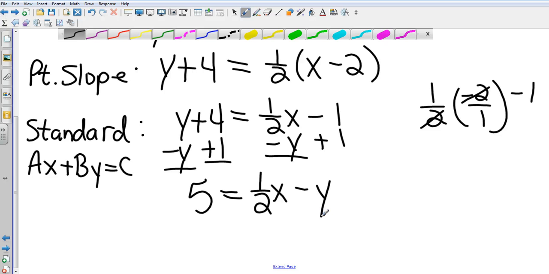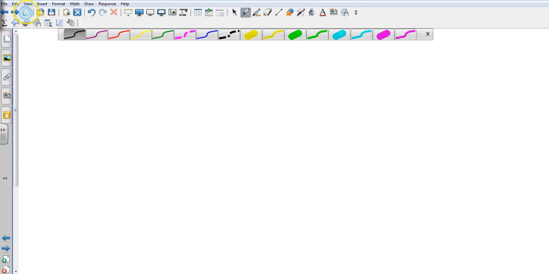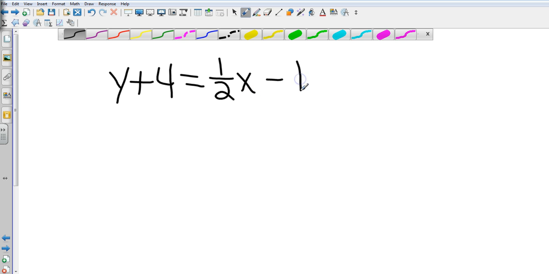Okay. So now what if I have that y plus 4 equals 1/2 x minus 1, and they ask me to put it in slope intercept form? Remember that slope intercept, we want to get the y by itself.